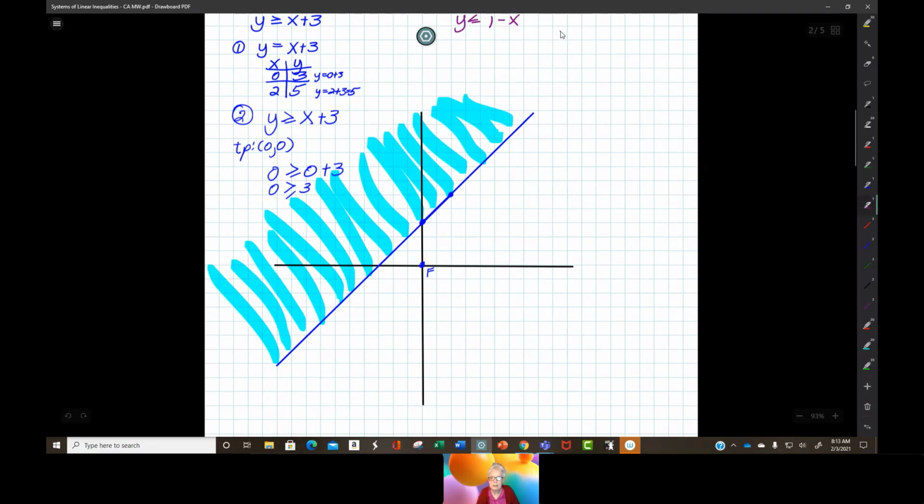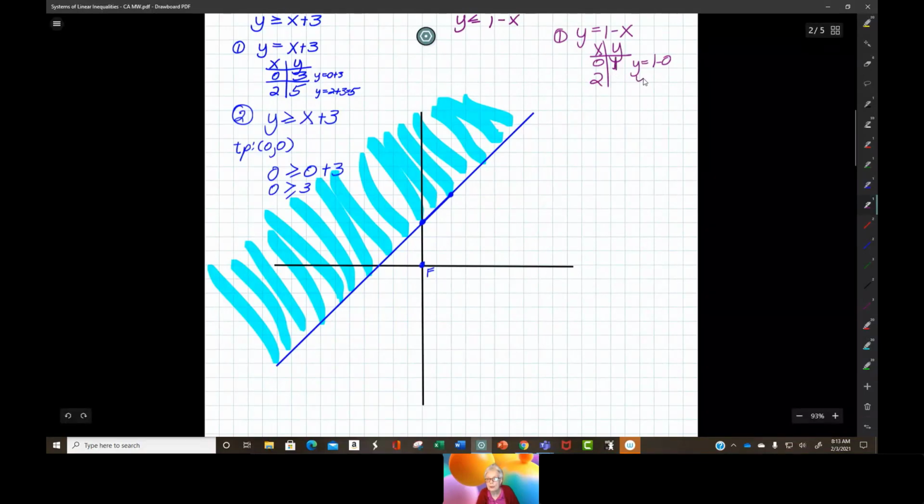Step 1. Y equals 1 minus X. Find 2 points. Or, yeah, don't complicate things, Barbara. I'm going to let X equal 0 and 2 and see what happens. If X is 0, then Y is going to equal 1 minus 0, which is 1. And if X is 2, then Y is going to equal 1 minus 2, which is negative 1.